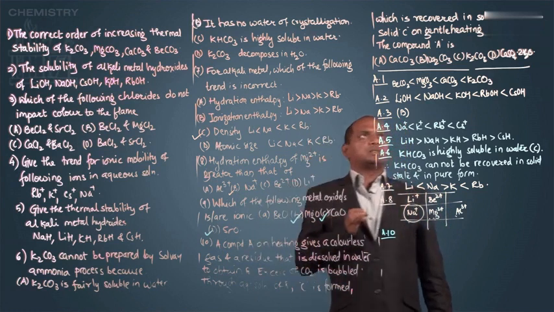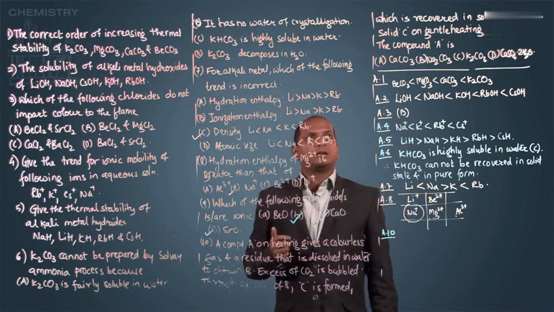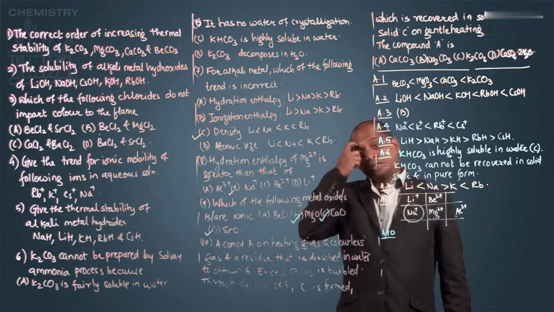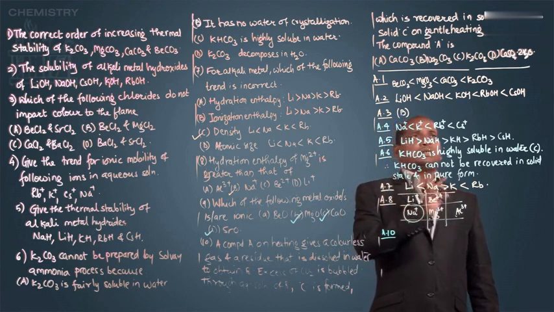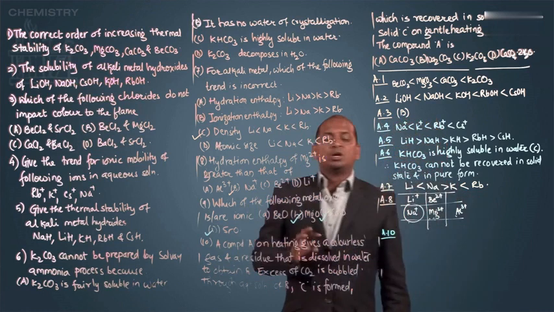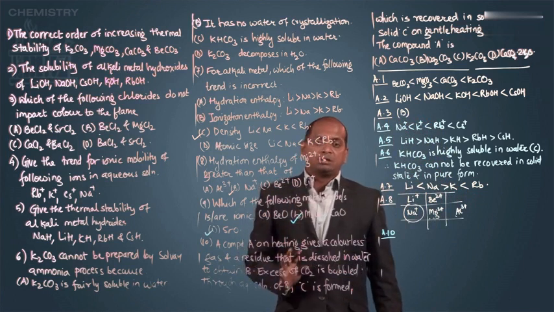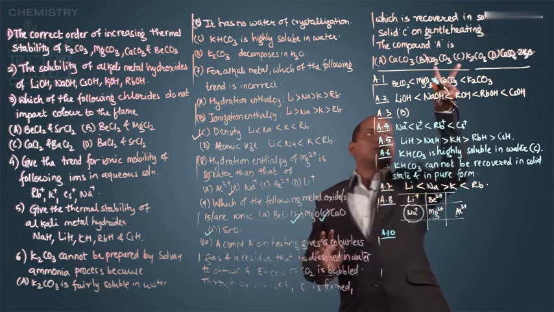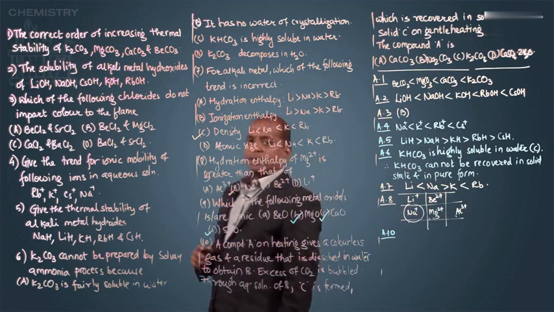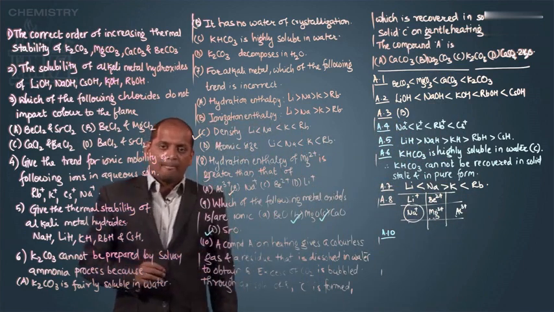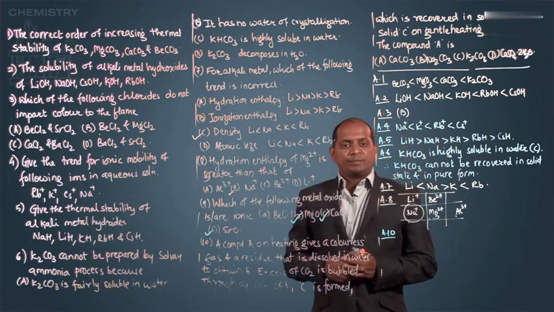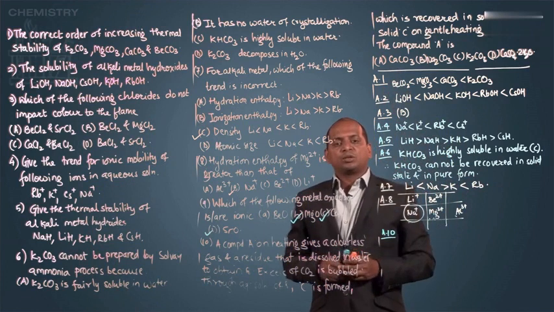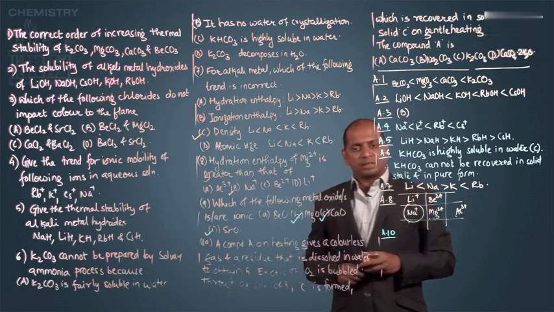Solid C on gentle heating gives back A. Now here if you read the options, A CaCO3, B Na2CO3, C K2CO3, D CaSO4·2H2O, automatically two options get cancelled because alkali metal carbonates never undergo decomposition on heating. So now we have two options, calcium carbonate and CaSO4·2H2O. If I heat this CaCO3, it will decompose to CaO plus CO2. So we are getting carbon dioxide.